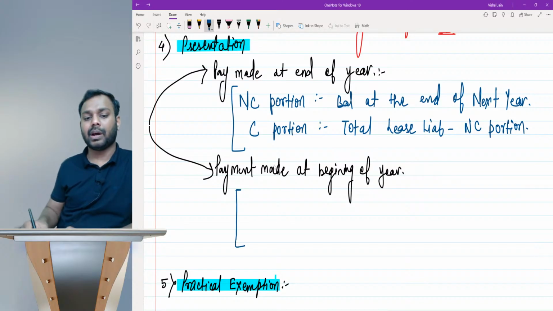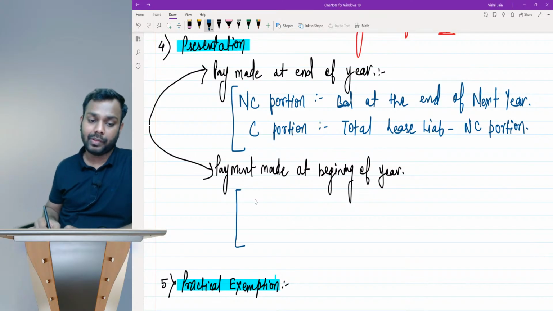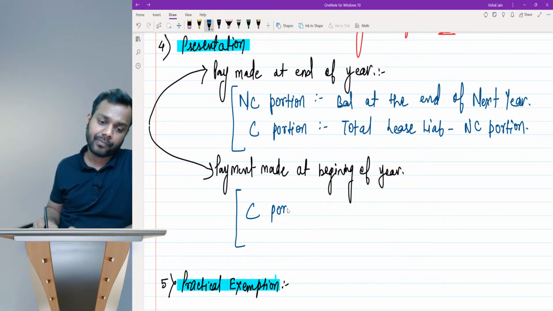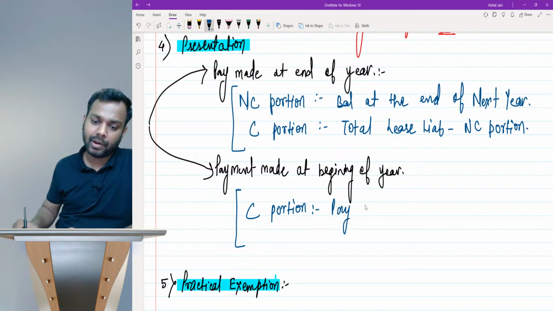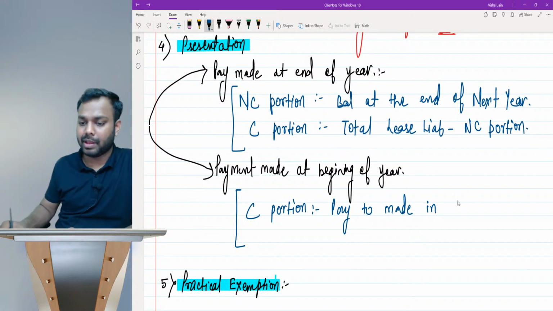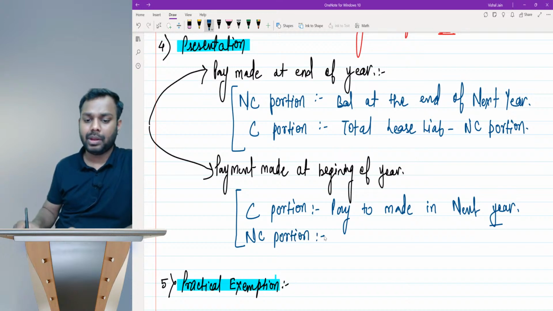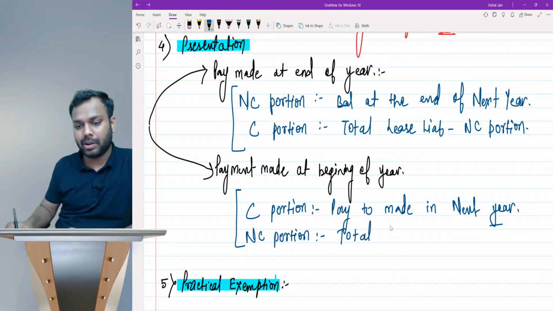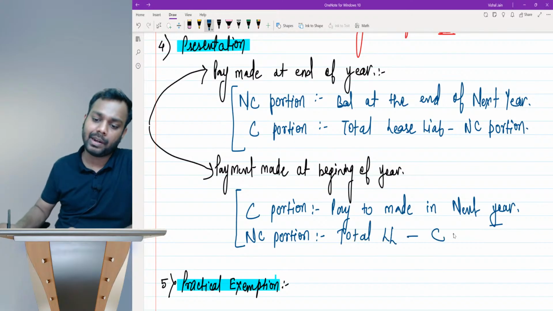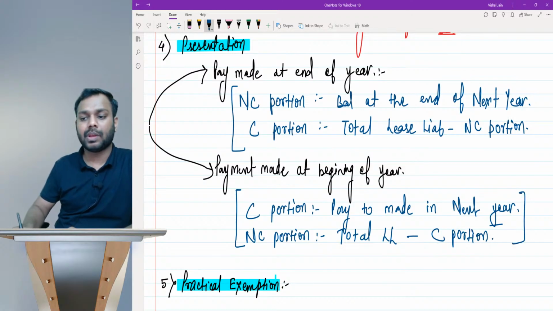If it is payments made at the beginning of the year, then the current portion will be the payment to be made in next year, and the non-current portion will be total lease liability minus current portion. Is that clear, guys? Is it clear to all?